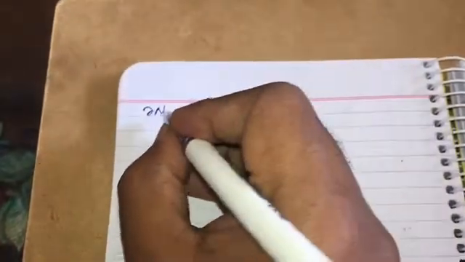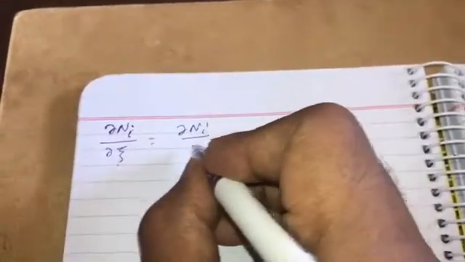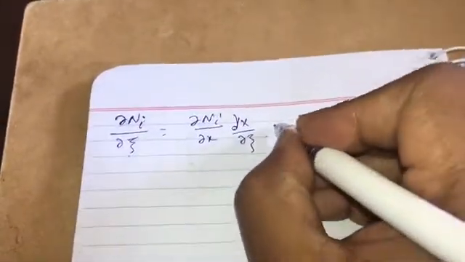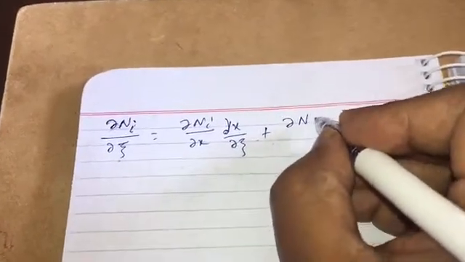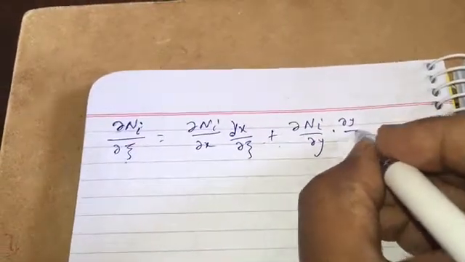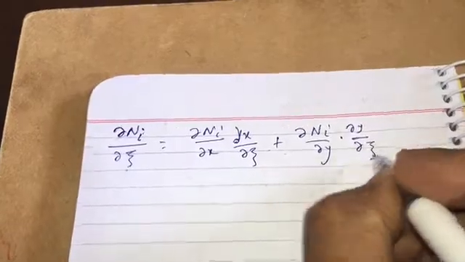We also know del N_i over del xi is equal to del N_i over del x times del x over del xi plus del N_i over del y times del y over del xi.